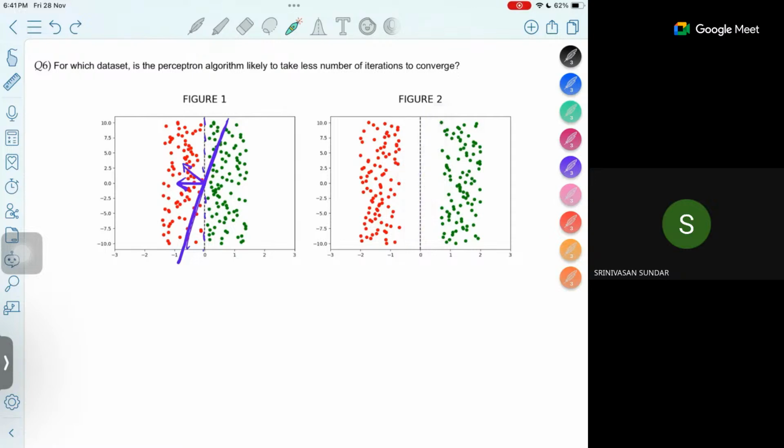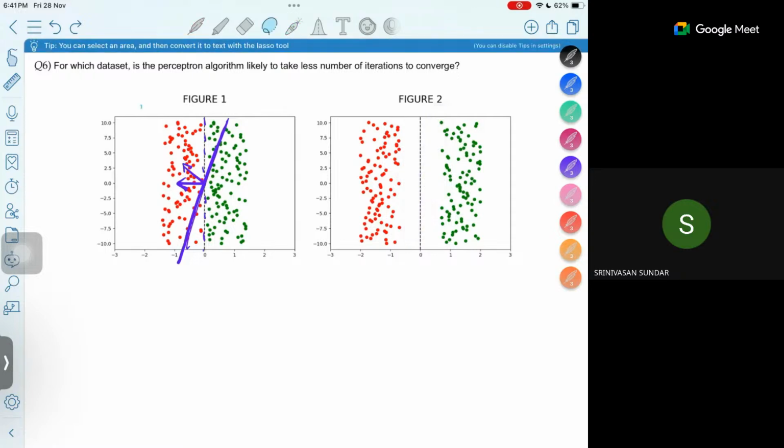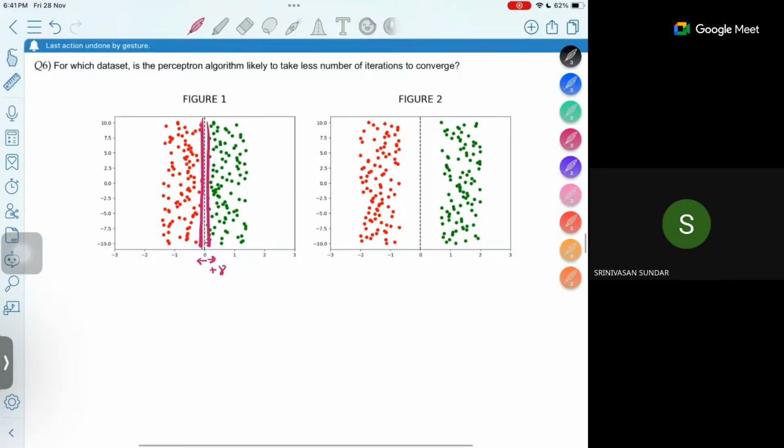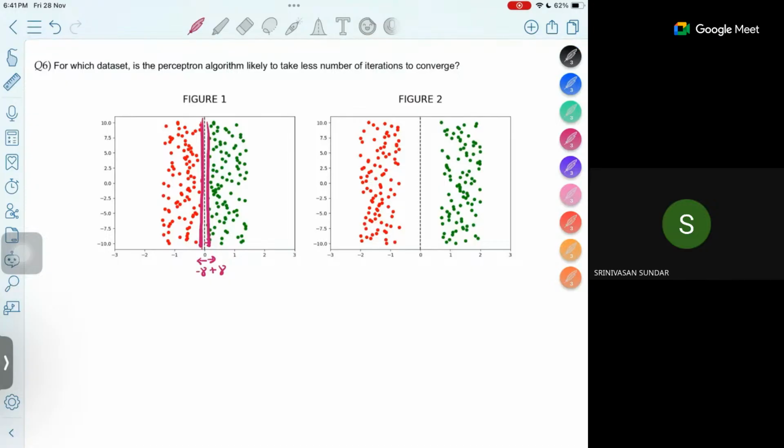The second way, if you want to prove it mathematically, is to say that in the first case the gamma here is almost 0, very, very small. So this must be the gamma, correct? This width is plus gamma, and this width is minus gamma. So some very, very tiny line. So gamma here is very small.